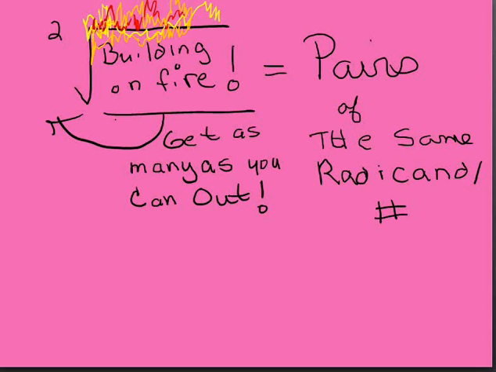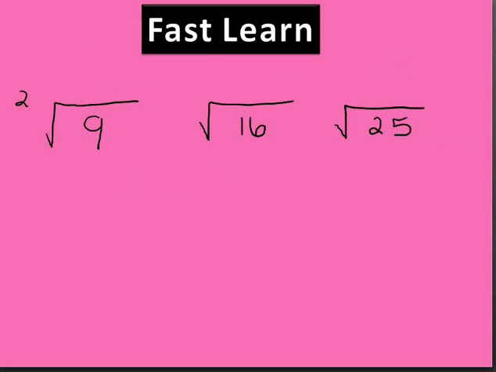And I'll give you an example. Okay, let's look here. Inside this radical, we have a radicand of 9. The coefficient's 2. We've got to find pairs. We need to multiply this out to the prime numbers to find the pairs.